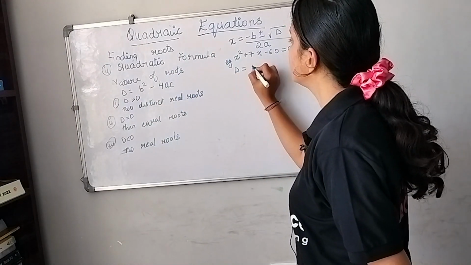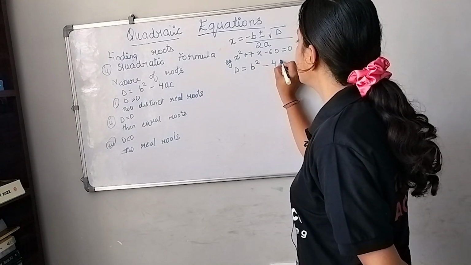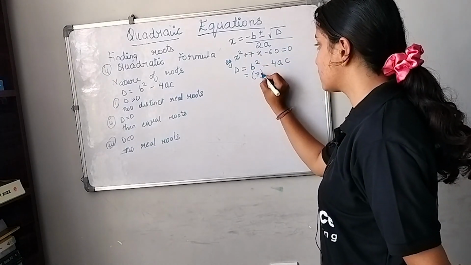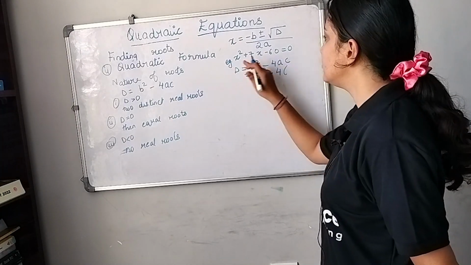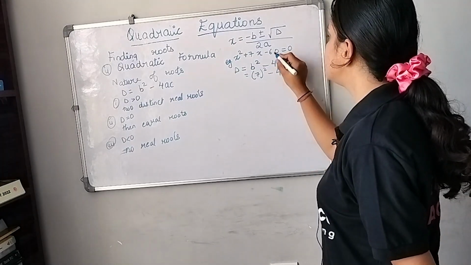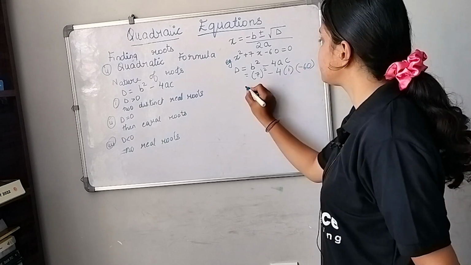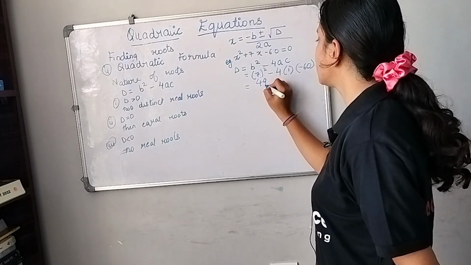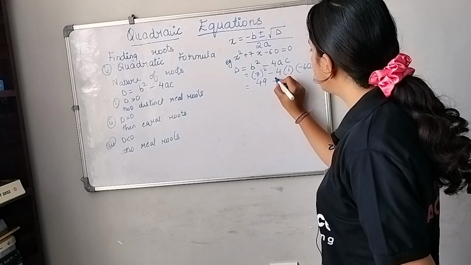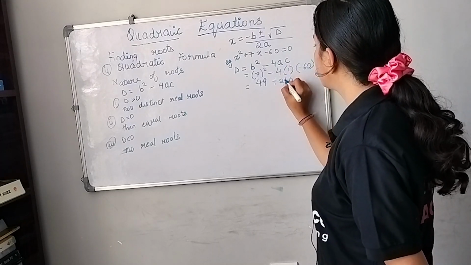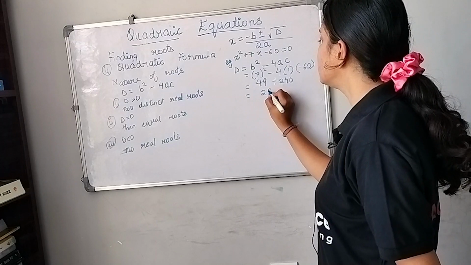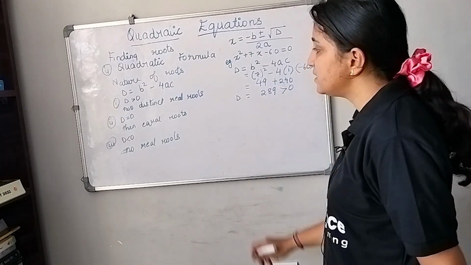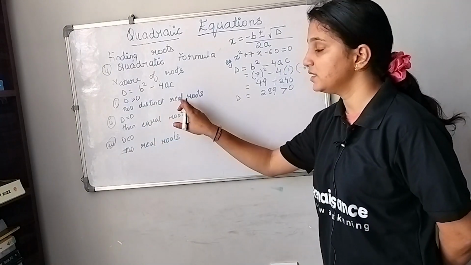D equal to b square minus 4ac. b here is 7. 7 square minus 4, a is 1 here, and c is minus 60. 7 square is 49, and this will be plus 240, and this will be 289. Now D is greater than 0, so you'll have two distinct real roots.